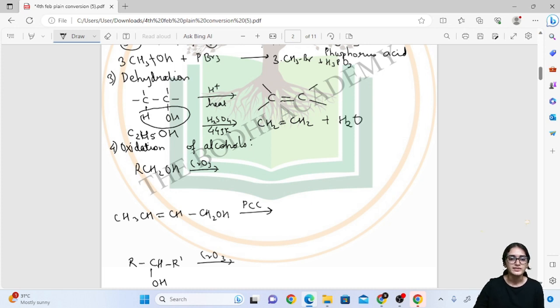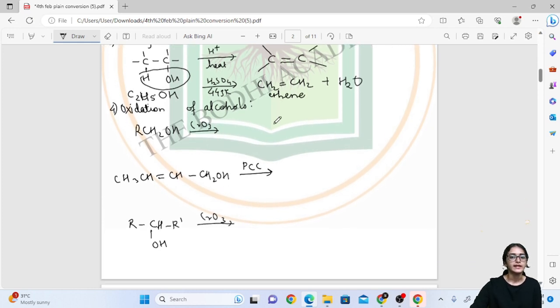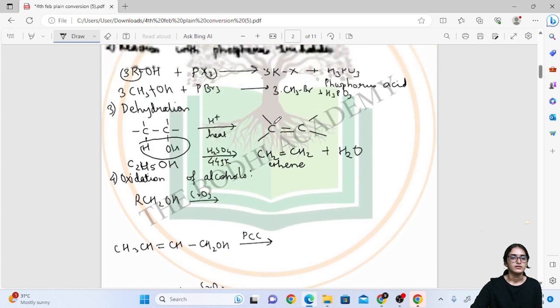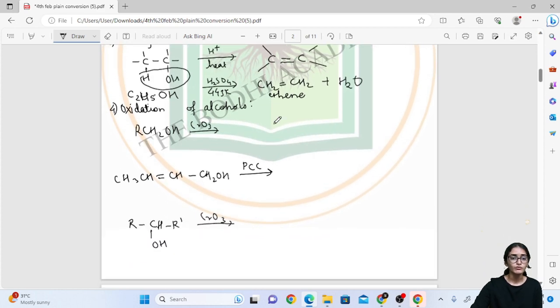So from ethanol we are going to get the ethene molecule. So this is about the dehydration of alcohols.